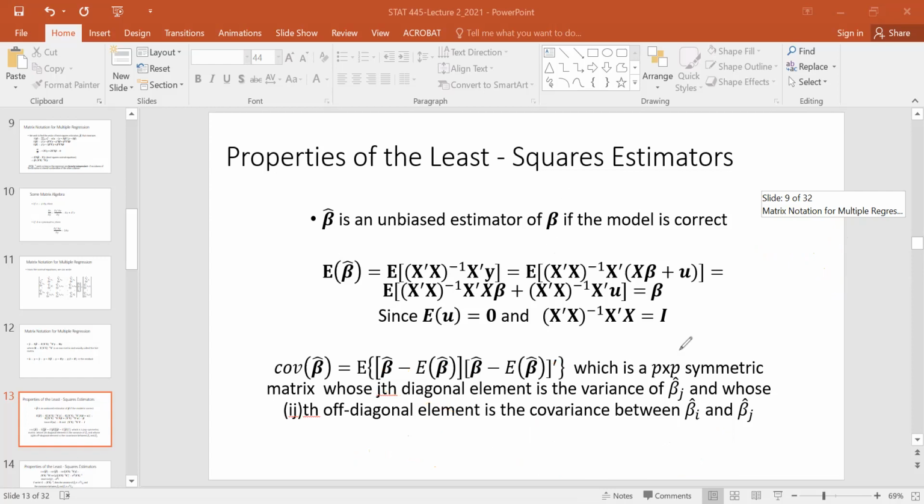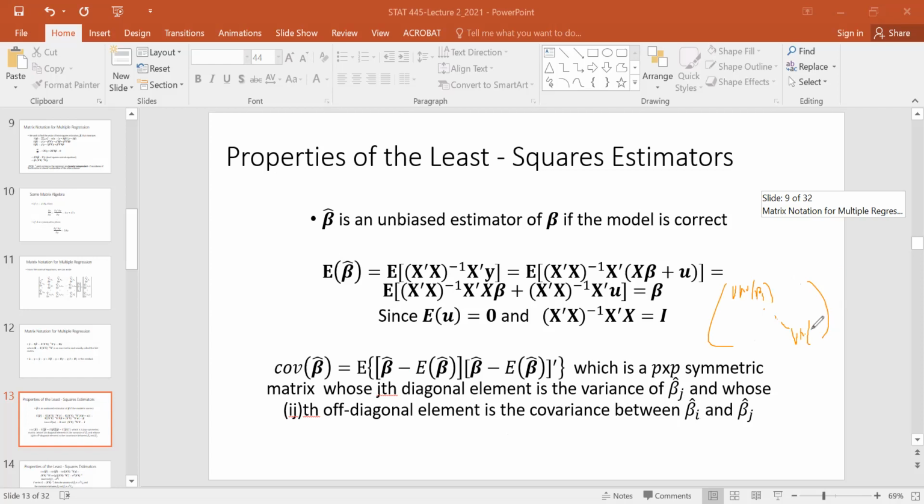So it's a p by p symmetric matrix whose jth diagonal element is the variance of beta hat j, and whose ij off-diagonal element is the covariance between beta hat i and beta hat j. So you are going to see something like this, where this will be the variance of, let's say, beta 1 all the way down the diagonal.